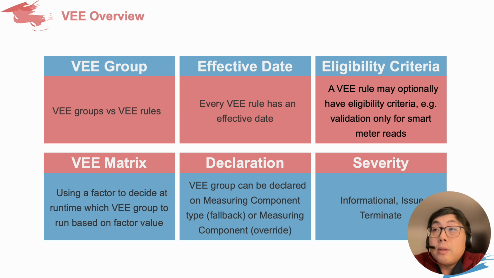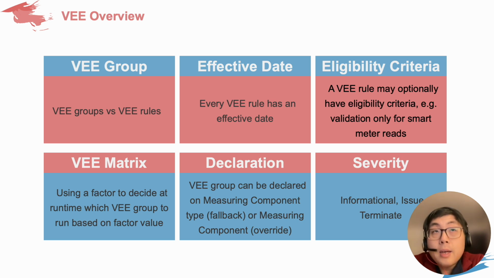In those cases, you can have a future rule in the VEE group, which can be run in a future date.